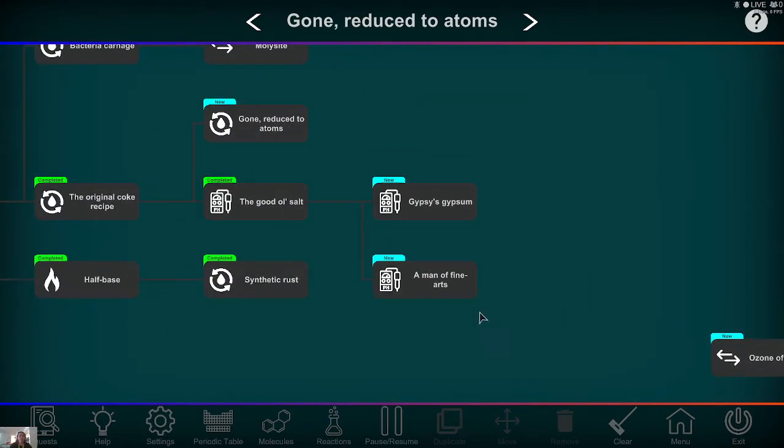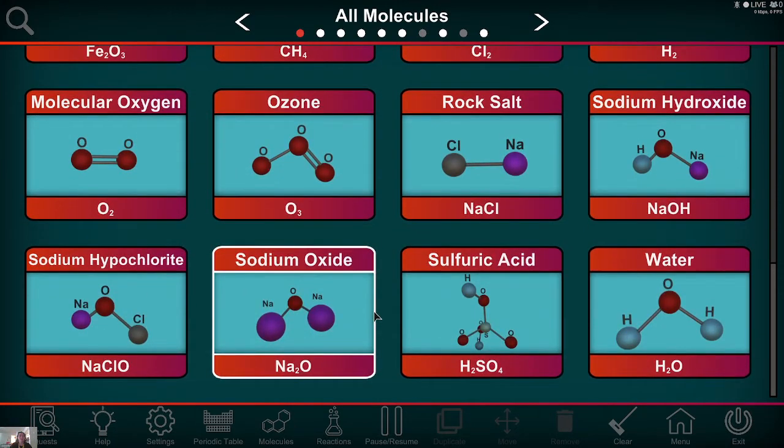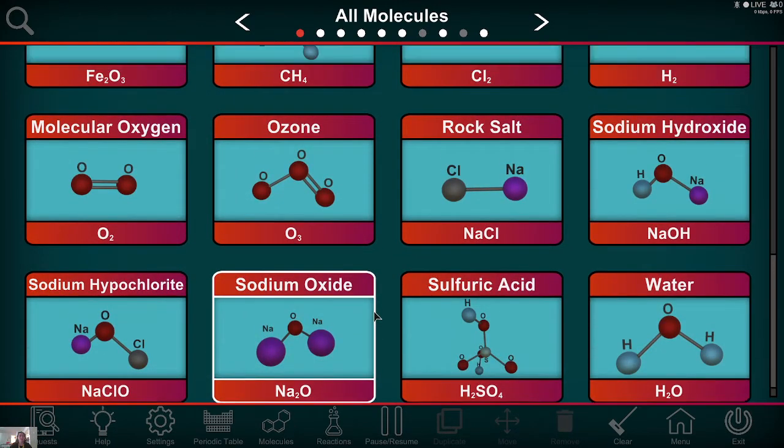Spawn calcium hydroxide. Okay. So calcium hydroxide.